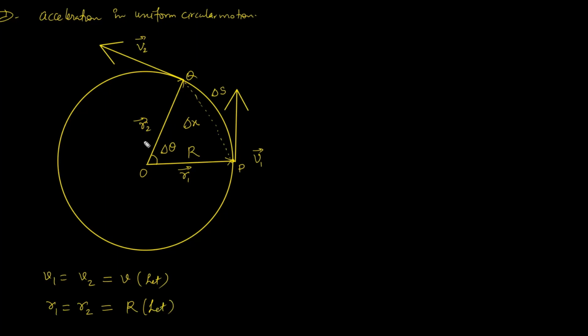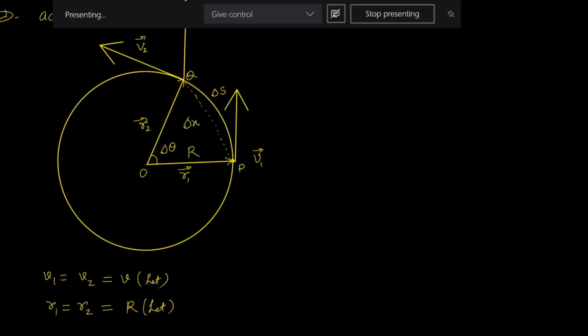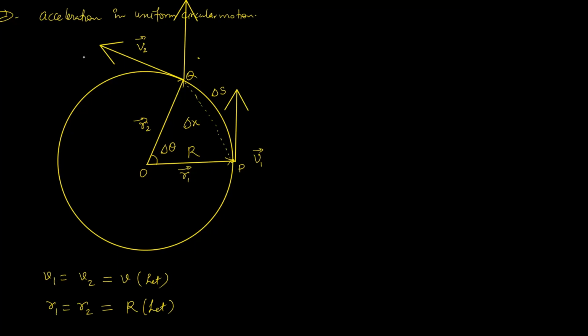Now what we are going to do, we will shift this v1 somewhere here without changing its direction. If I join the tip points of the arrows, that will give me delta v, the change in velocity. Remember that this one is the v1 vector, this is delta v, and this one is delta theta.